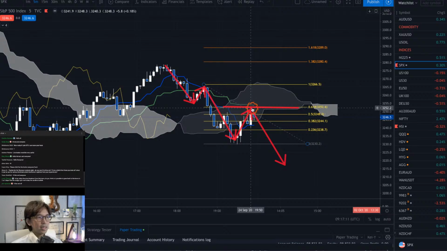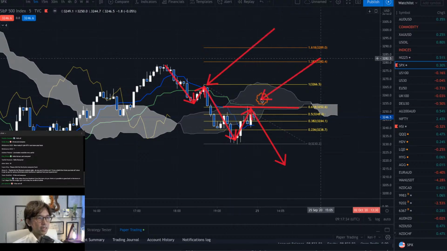Price can easily break the Tenkan Sen, but if the price bounces off of this Kijun Sen, that actually shows the continuous bearish or bullish trends. In this case, bearish trend. There was a bounce off the Kijun Sen here, and also recently here too.